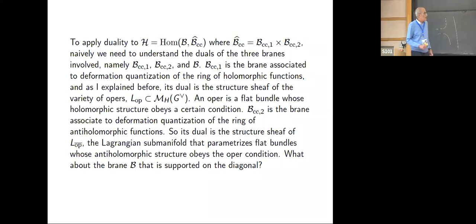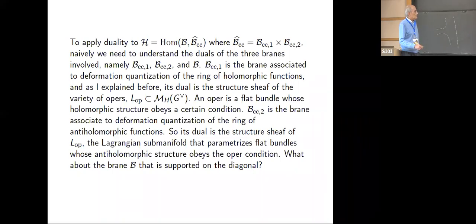Well, to apply duality in this situation, where the quasitropic brane is a product of two branes, naively, we need to understand the duals of the three branes involved. So these are quasitropic branes on the Hitchin moduli space and another copy of it, and B is supported on the diagonal. B, the first one, is the brane associated to deformation quantization.